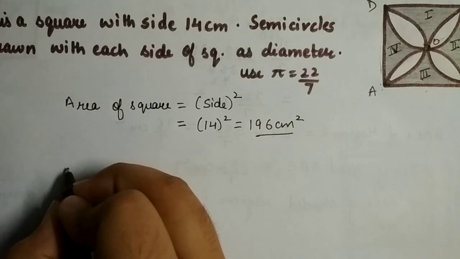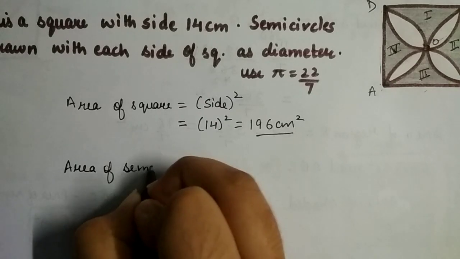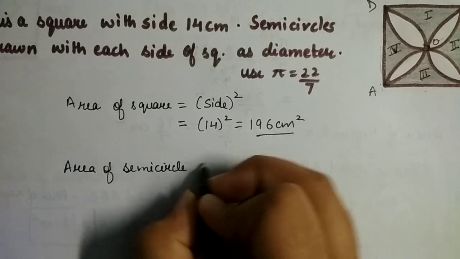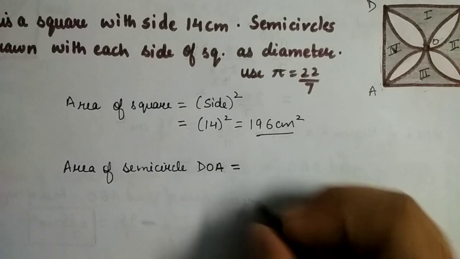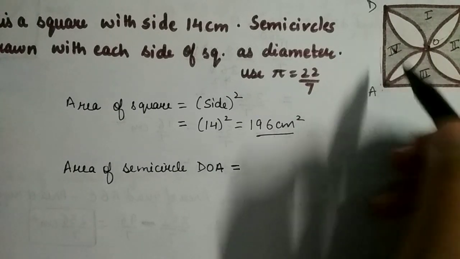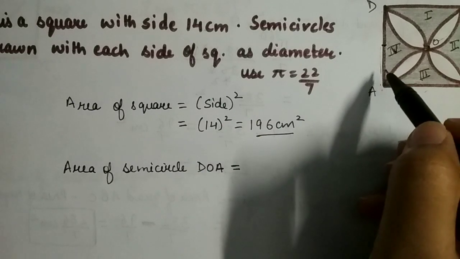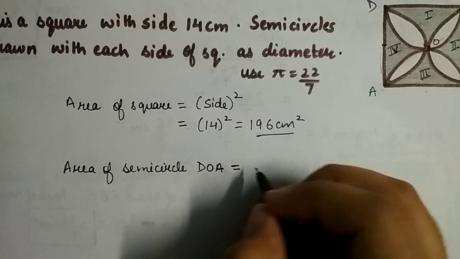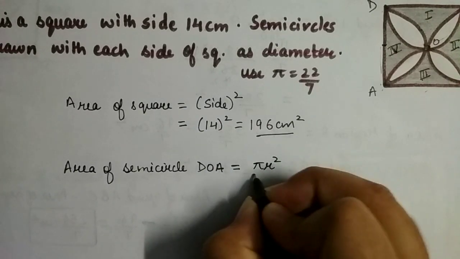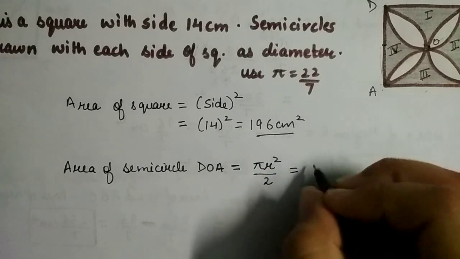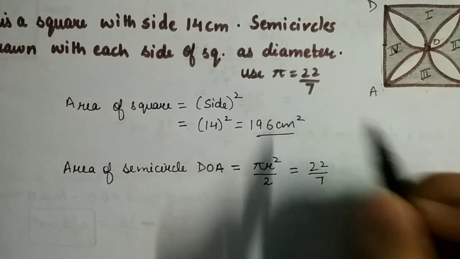So let us do the area of semicircle DOA. What is the area of semicircle DOA? The diameter is 14 cm, that is the side of the square, so the radius will be 7 cm. What is the formula? Pi r square upon 2, and the radius is 7. It is given to use the value of pi as 22 by 7.